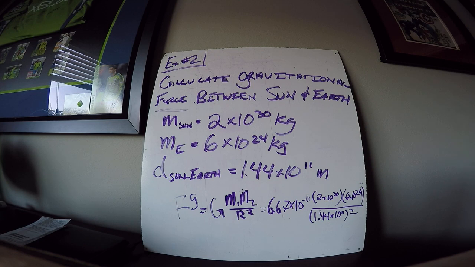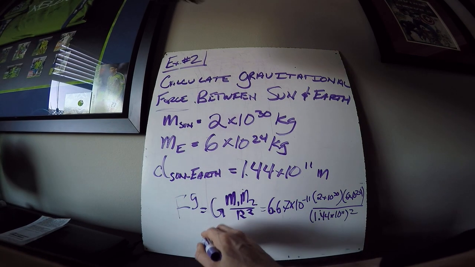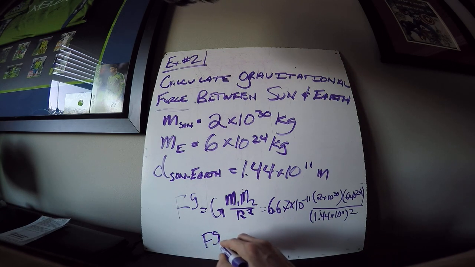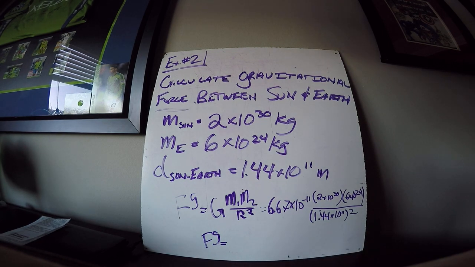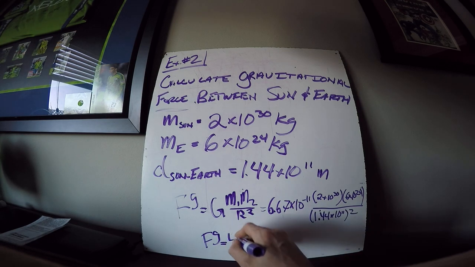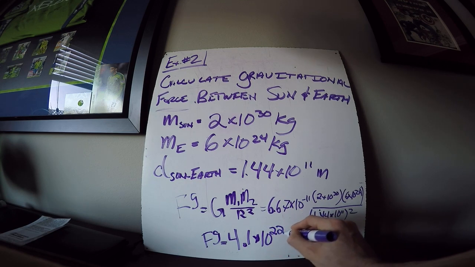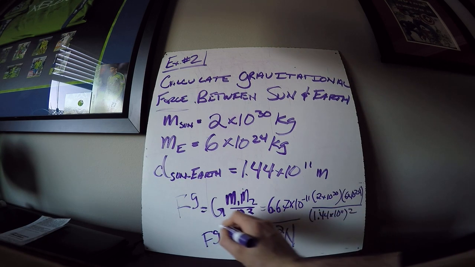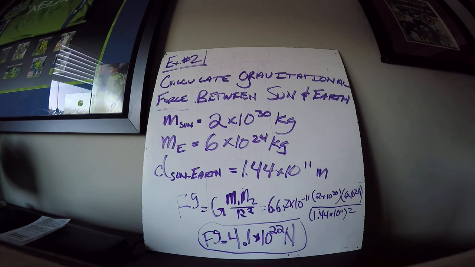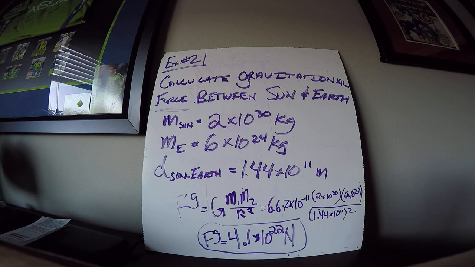Doing the math, you should figure out that the force of attraction between the sun and earth is 4.1 times 10 to the 22 newtons. It's a lot of force. Cool. Pretty simple.